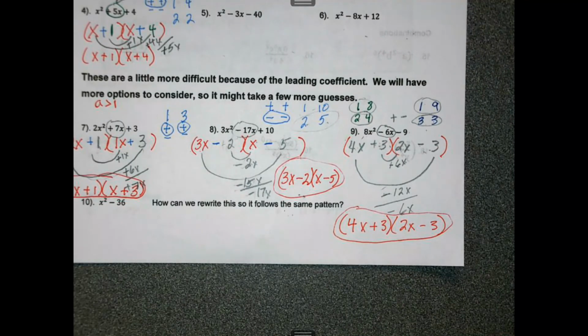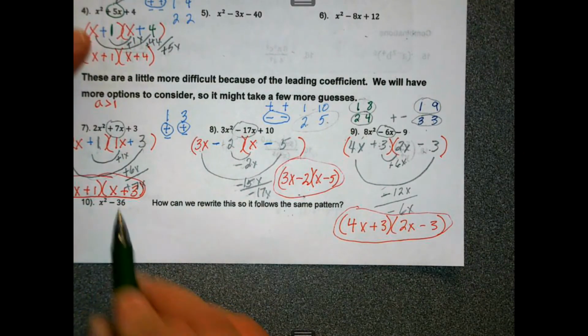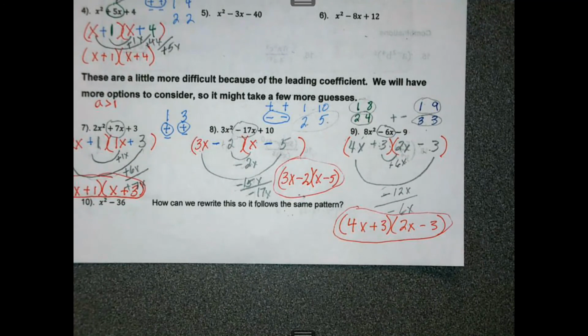All right, the next thing I want to talk about is what's called difference of squares, number 10. And if you look at number 10 here, it's x squared minus 36. Now, what do I mean by perfect squares? And it's on your little flow chart there that you got.